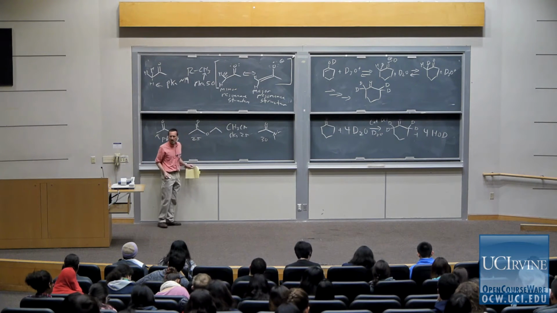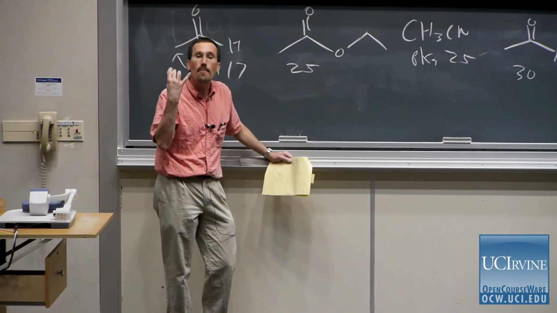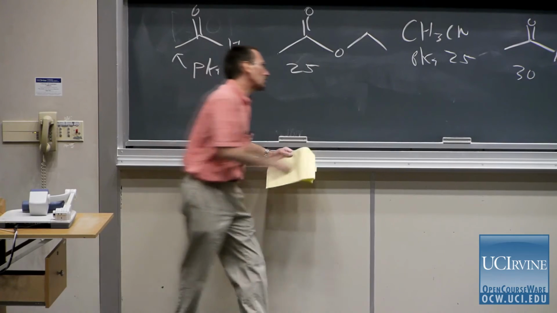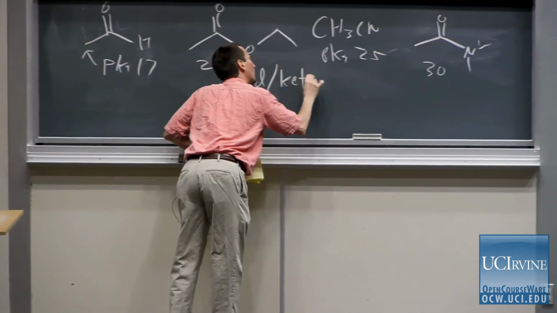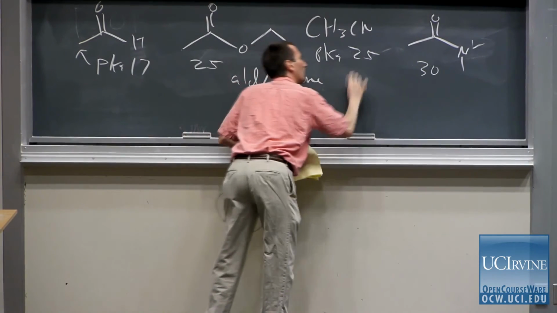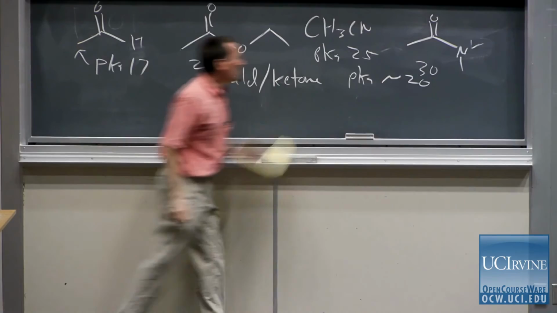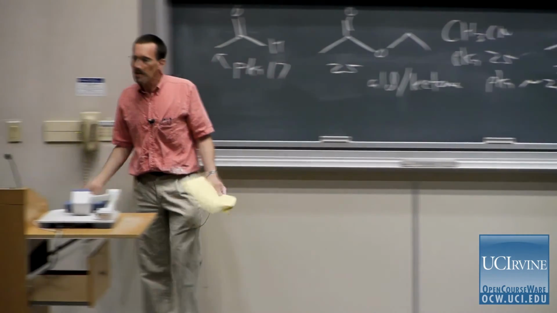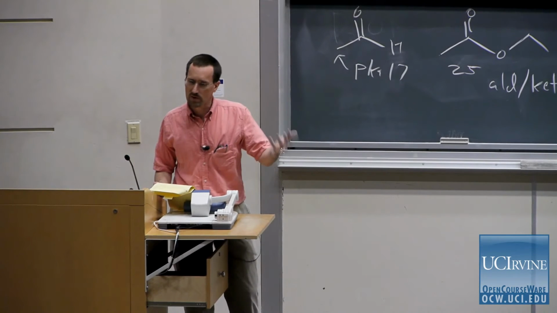That the alpha protons for the ketone and aldehyde family are about pKa 20. Twenty's good enough. I'll keep in the back of my head that aldehydes are a little bit more acidic.